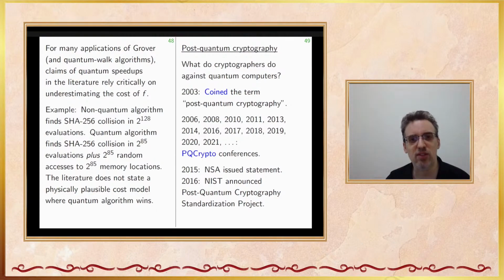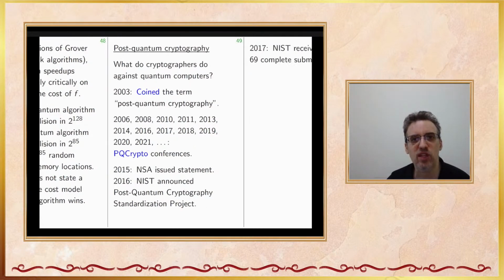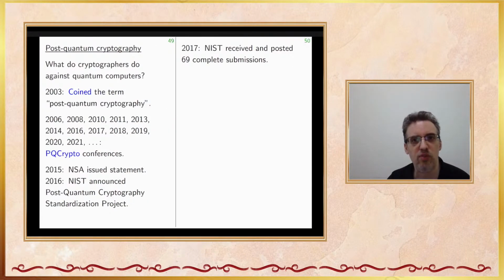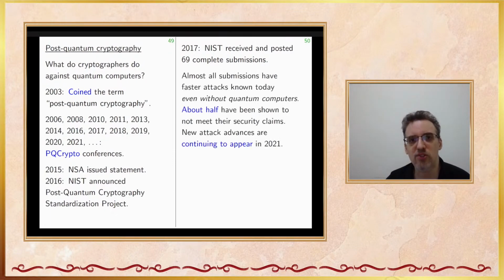Then NSA's friends at the US National Institute of Standards and Technology started a project to standardize post-quantum cryptography, which received 69 complete submissions of systems, signature systems or encryption systems. Almost all of those have lost security. Not completely lost security. About half of them are less secure than the claimed security levels.